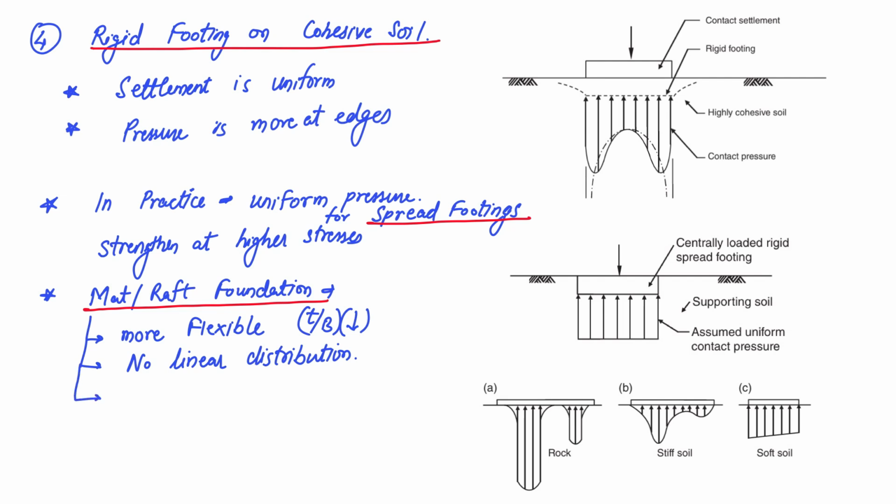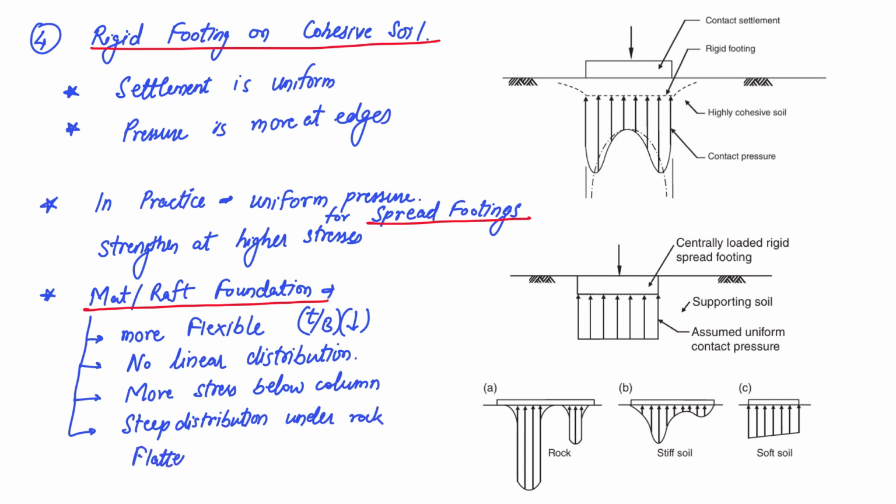You can see in this diagram the contact pressure distribution beneath a mat resting on strong bedrock. The column loads are transmitted to the rock on a relatively small area directly under the columns, whereas when a mat rests on stiff soil, the column loads are distributed to the supporting soil over a larger area as compared to rock, and the pressure beneath a mat foundation resting on soft soil approaches a more planar distribution.